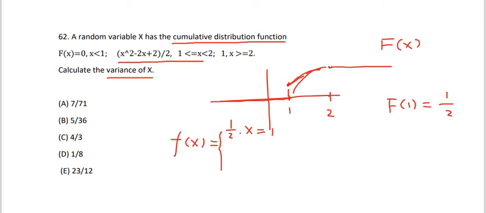Between 1 and 2, the density function is the derivative of the cumulative function, so this equals x minus 1.